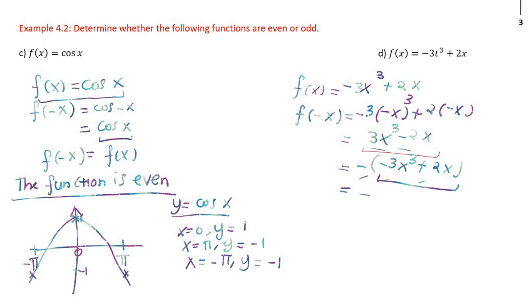So meaning that it is negative f(x). Then we can conclude that the function is odd.